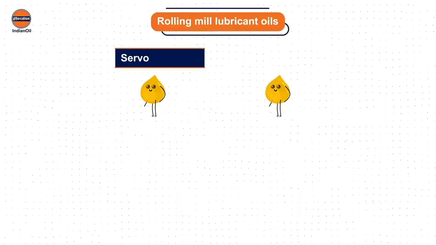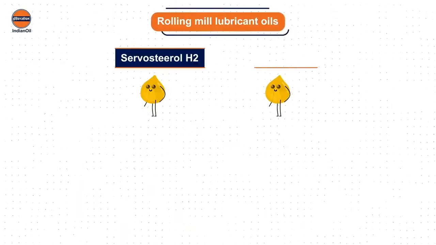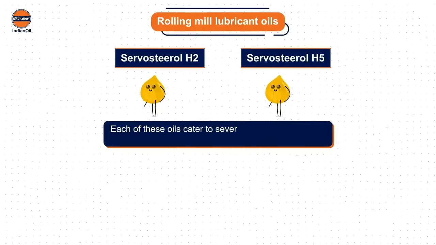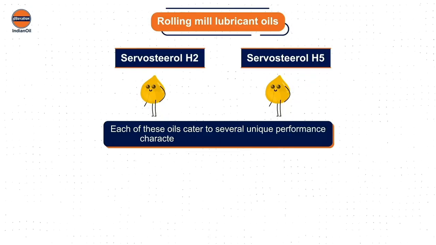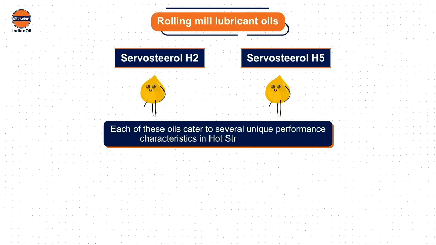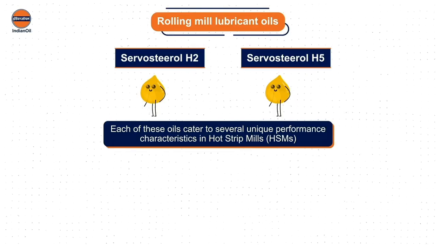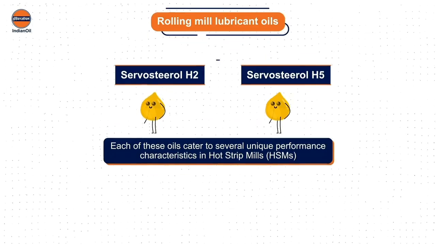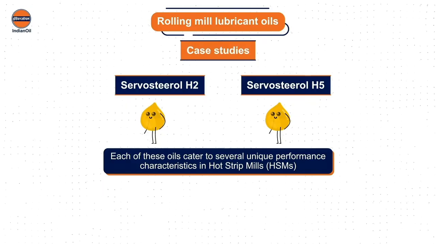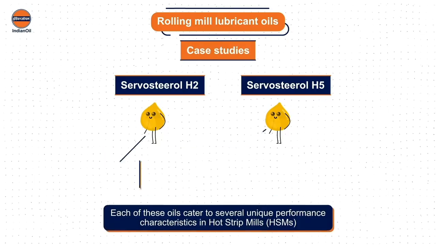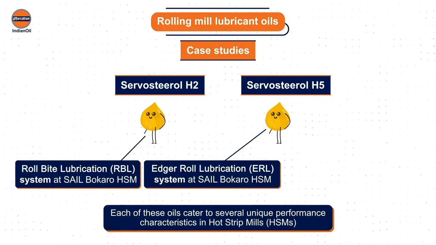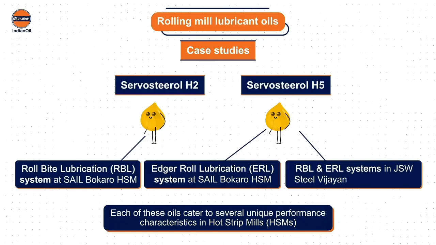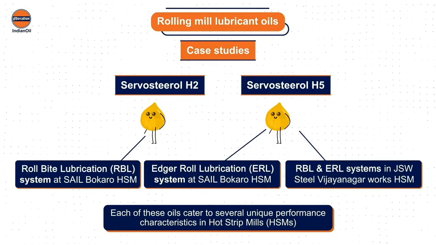These Servosterol H2 and Servosterol H5 cater to several unique performance characteristics in hot strip mills, HSMs, which can be practically understood by exploring these case studies performed at SAIL, Steel Authority of India Limited, Bokaro, and JSW Steel Vijayanagar Works.